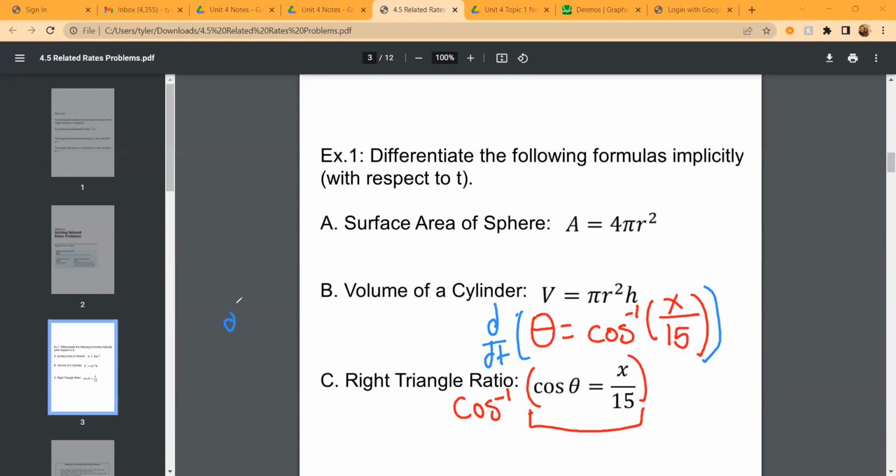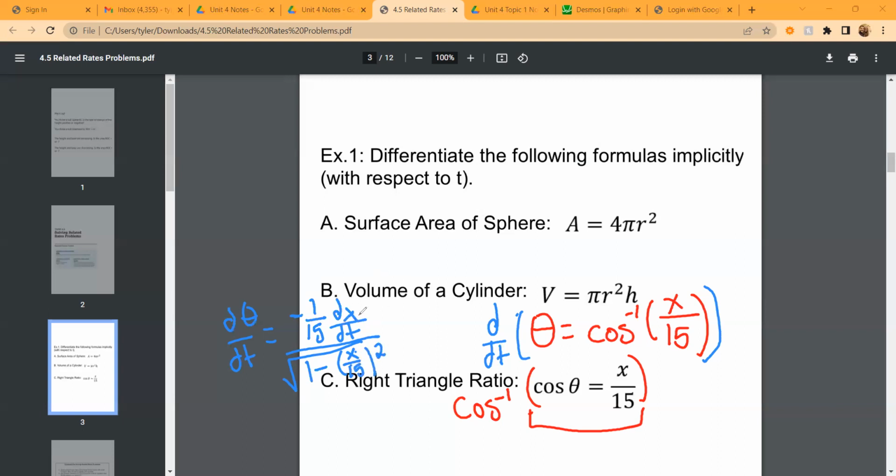I'm running out of room, so I'm going to do d theta dt equals, and then we say, okay, what's the derivative of the arc cosine? Negative u prime. So what's the derivative of x over 15? That would just be negative 1 over 15. And then you still need that dx dt though, divided by the square root of 1 minus x over 15 squared.